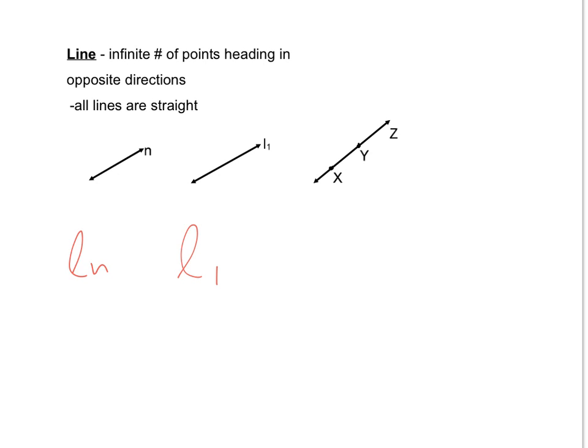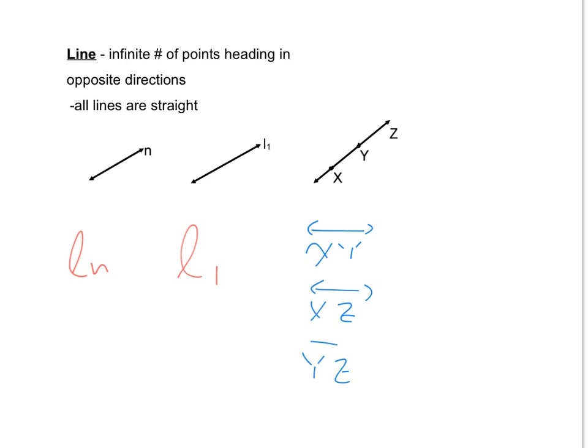So I look at my line. I'm going to choose any two of these 3 points and name my line with them. So this could be line XY. I draw a little line symbol above it. I could name this line XZ. As long as there are 2 points on that line, I can name it. I can name this line YZ.